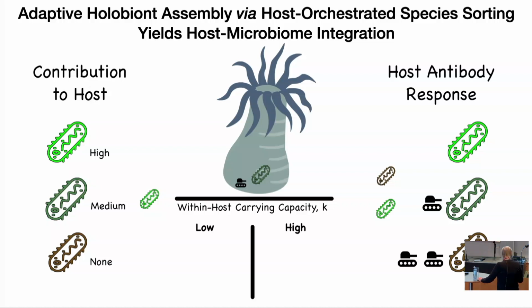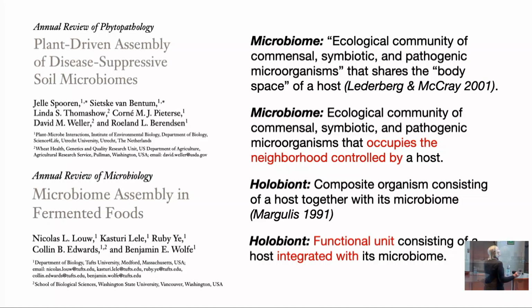And as a result, we might consider amending the definitions a little bit. I just last week came across still more articles discussing the assembly. So I think a lot of people are coming up with the idea, or have independently come up with the idea, that the explanation for the microbiome host integration has to do with the host controlling what gets in.